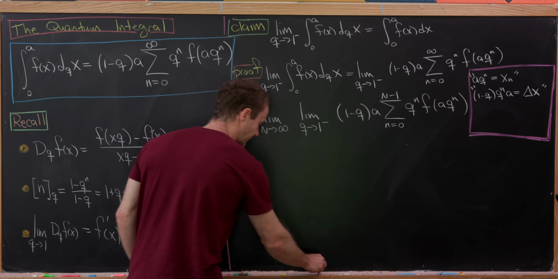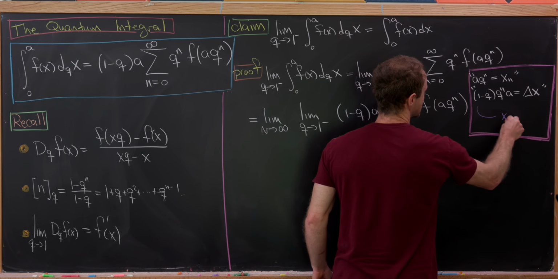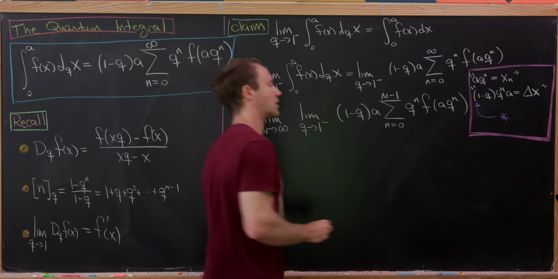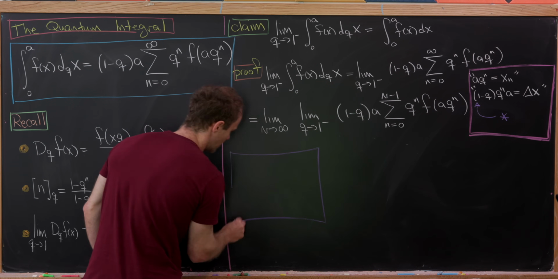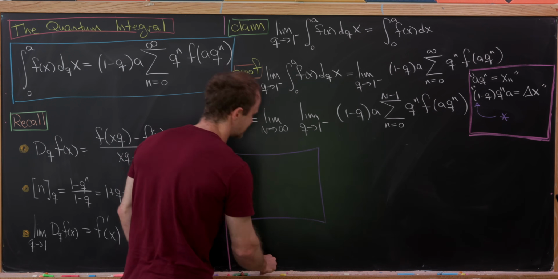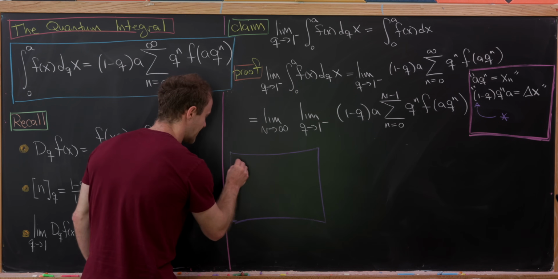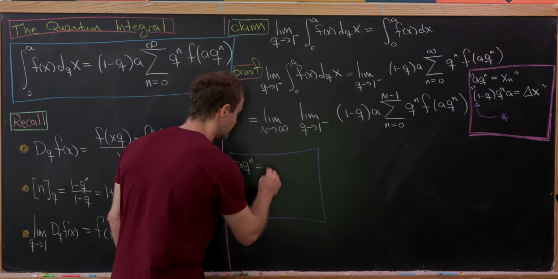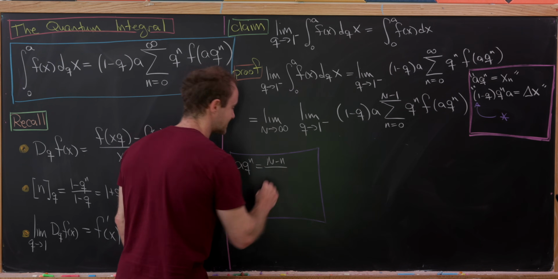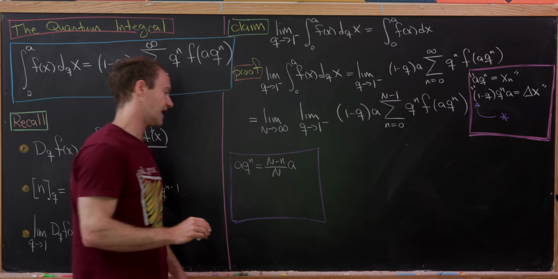So let's make the following change of variables. Let's just recall that this over here was inspiration, so I'll put a star there to say that. And then this purple box over here is exactly the substitution that we want to make. So we'll take a times q^n and set it equal to (capital N minus lowercase n) over capital N times a.